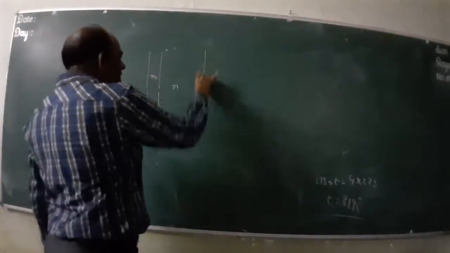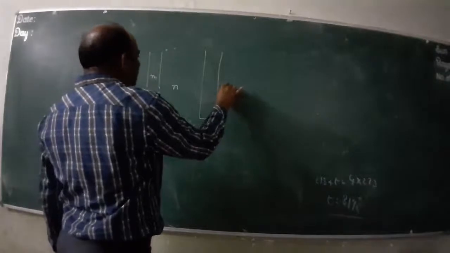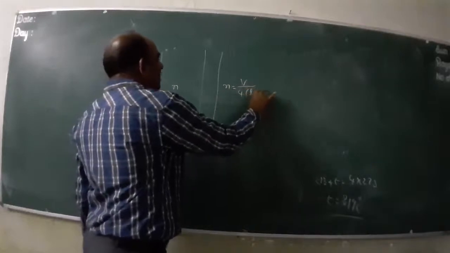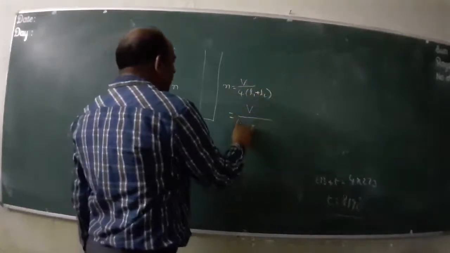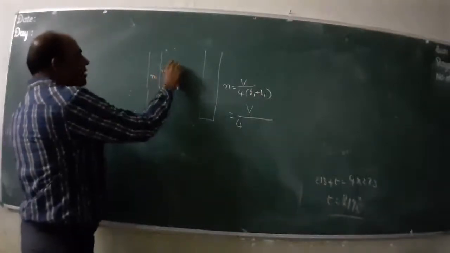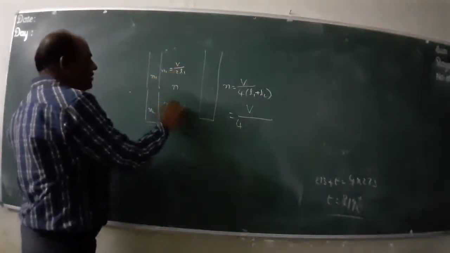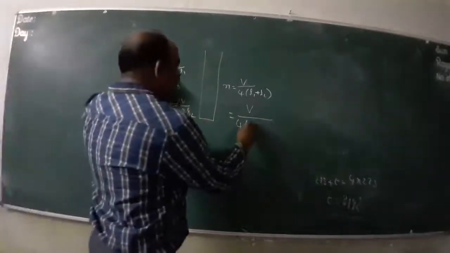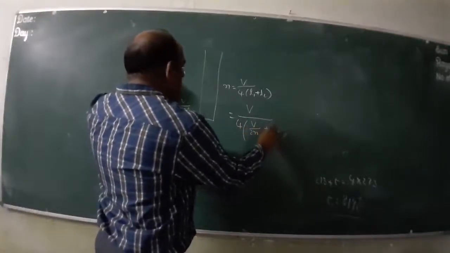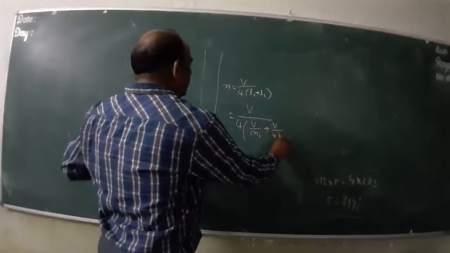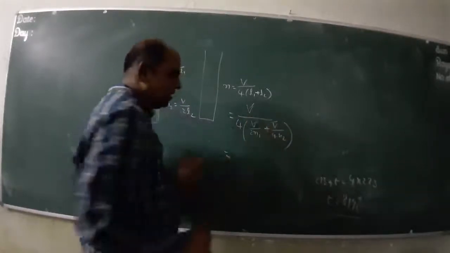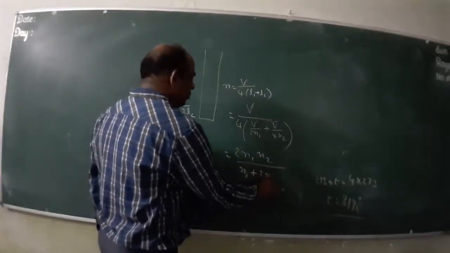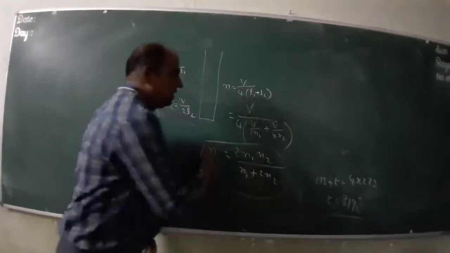When they are made into a single closed pipe, the fundamental frequency N is equal to V by 4 into L1 plus L2. Here N1 means V by 2 L1, and N2 means V by 4 L2. Therefore L1 is equal to V by 2 N1, and L2 is V by 4 N2. So N is V by 4 into V by 2 N1 plus V by 4 N2. By simplifying, we get 2 N1 N2 by N1 plus 2 N2. This is the fundamental frequency.